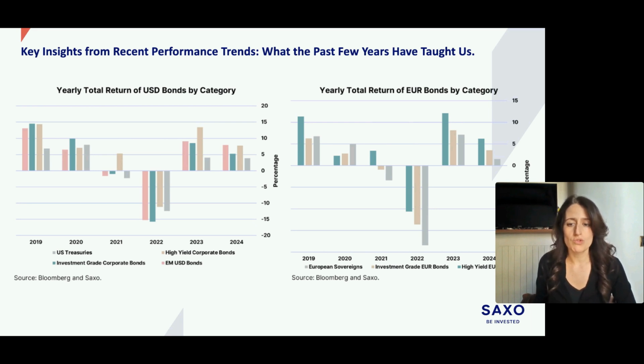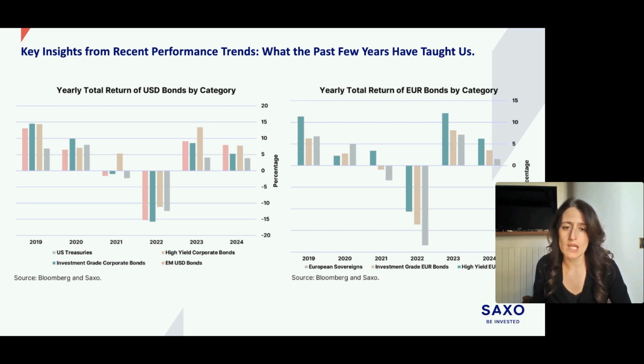And why do I want to look at that? Because the past couple of years have been very interesting. We had exceptionally high inflation. Central banks had to hike interest rates very aggressively, and that resulted in widespread losses concentrated throughout 2021 and 2022.